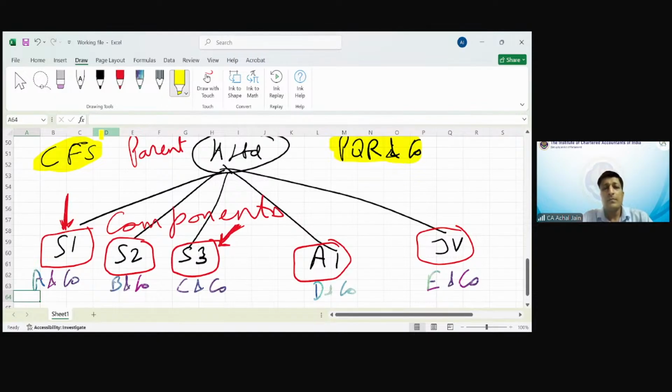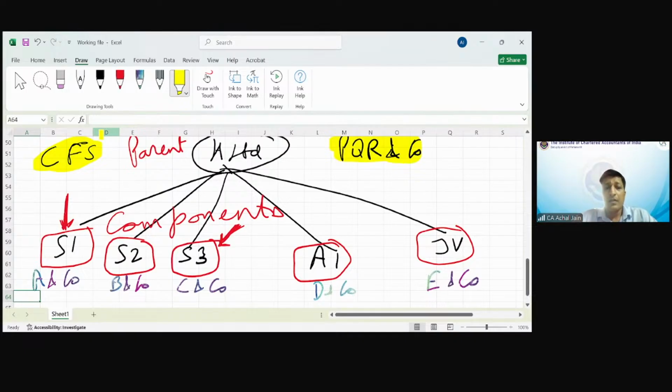Now, within the CFS, there's not one company. There are 6 companies, correct? So that's why this materiality which the auditor will compute for the CFS now needs to be distributed amongst the various components, including the parent.